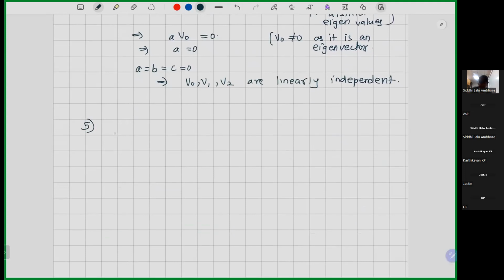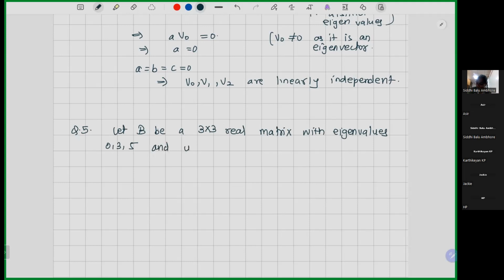Question 5. Let B be a 3 cross 3 real matrix with eigenvalues 0, 3, 5, and U, V, W belonging to R3 respectively be the corresponding eigenvectors.